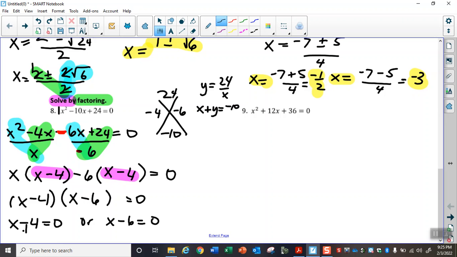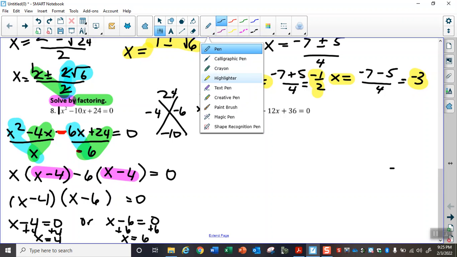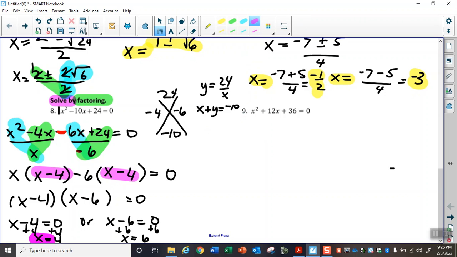So if I add 4 to both sides, I get x equals 4. And if I add 6 to both sides, I get x equals 6. And those are my two solutions, or zeros. And that's why they're called zeros, because you're setting it equal to 0.